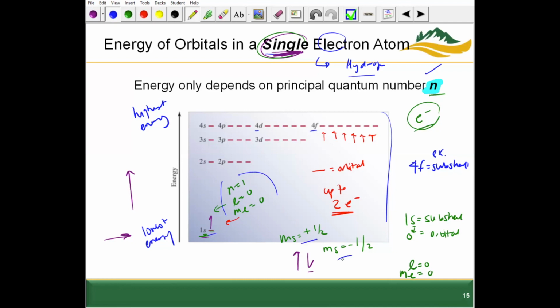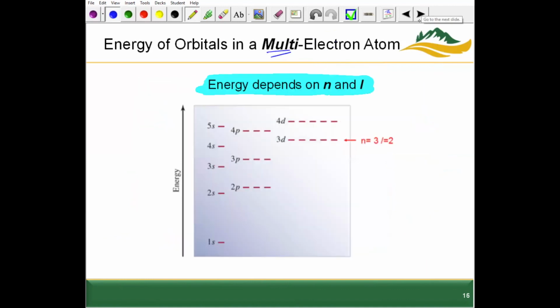Let's talk about a more realistic scenario that we'll more often look at for a multi-electron atom. We have the same exact concept here, that we still fill our electrons from the lowest energy to the highest energy. Each of these red lines still denotes an orbital with a specific n, l, and m sub l value.